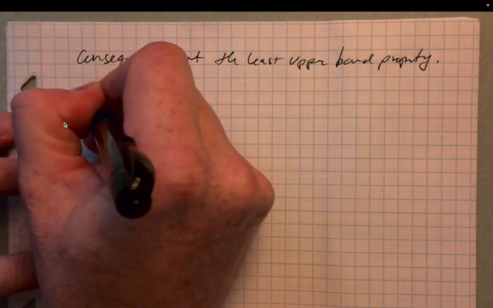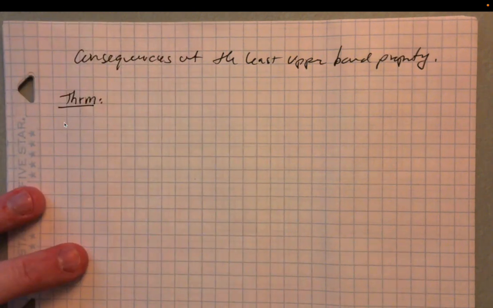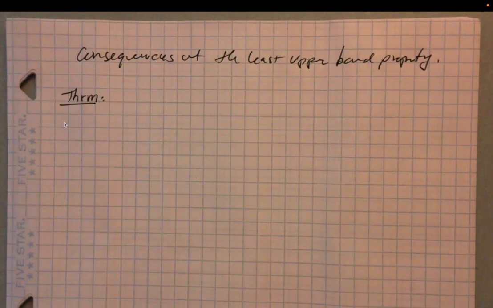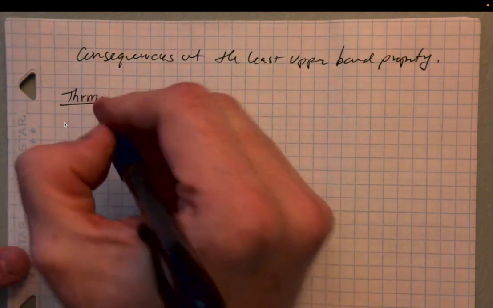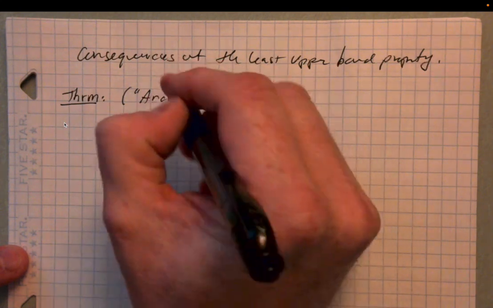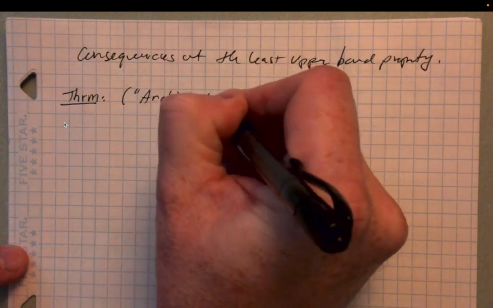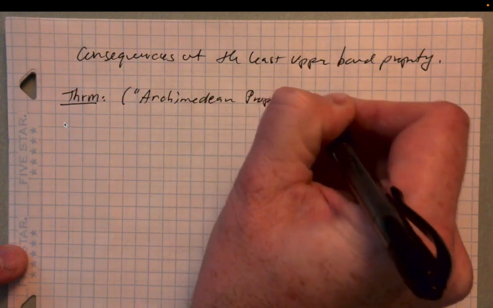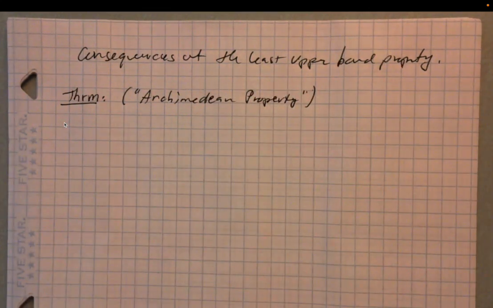There are lots and lots of these, and we're just going to pick a few of them. The first one we're going to talk about is known as the Archimedean property. What does the Archimedean property say?